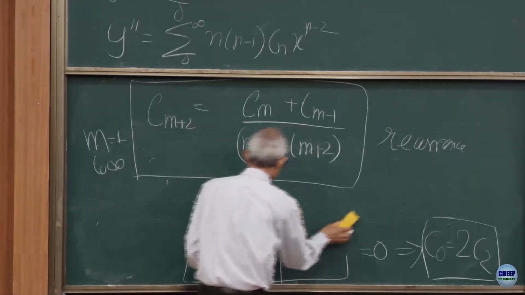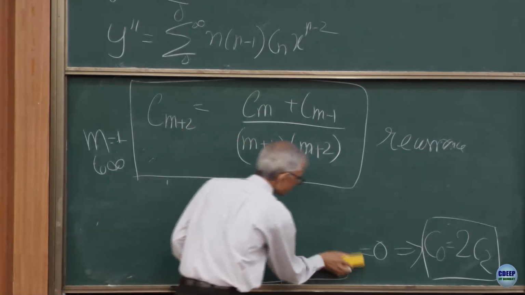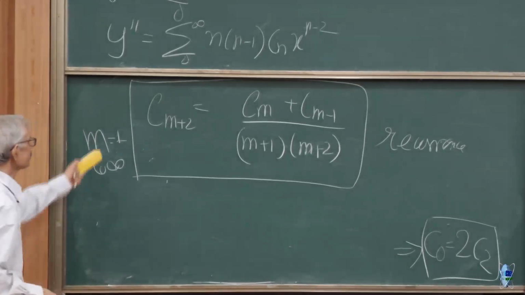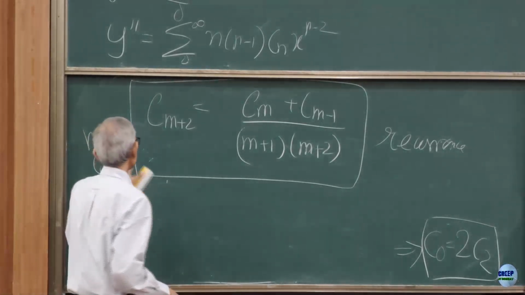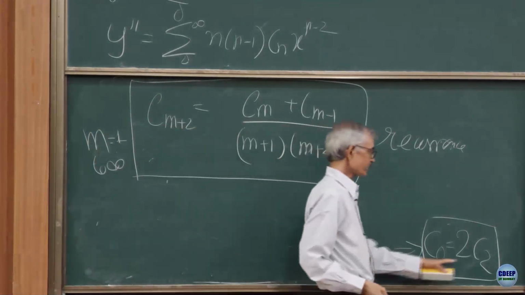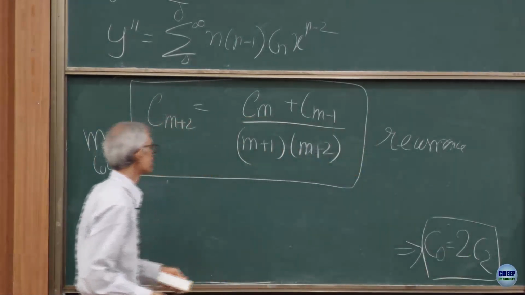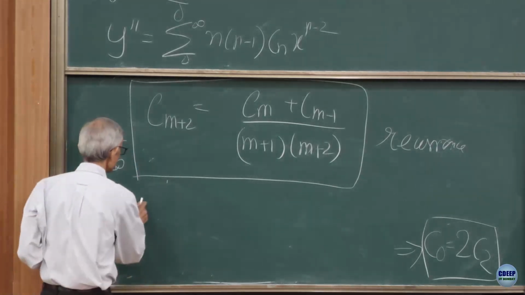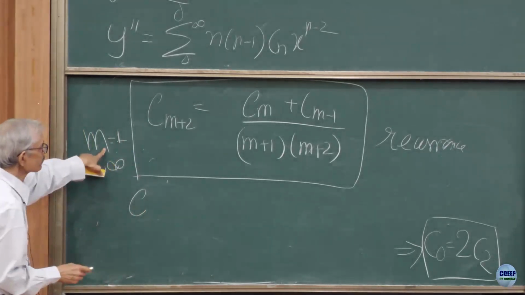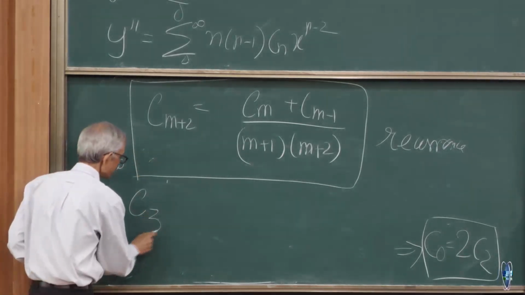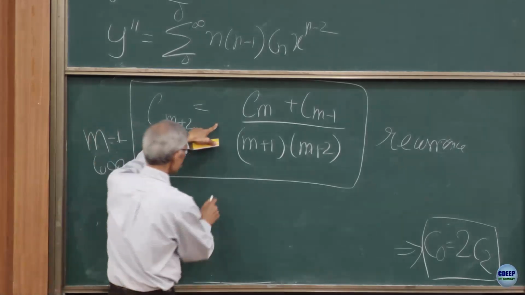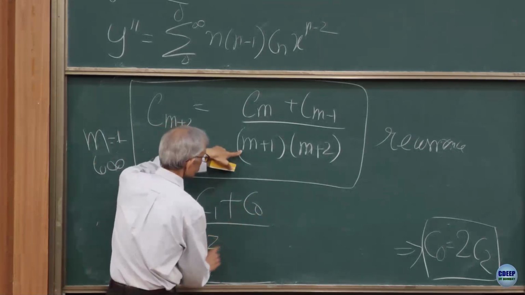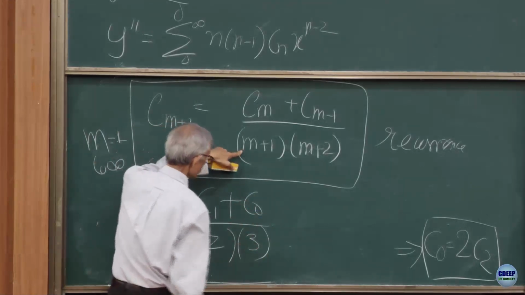Okay. So if now we go ahead and use this relationship, there is a C0, there is a C2, there is no mention about C1, so let us try to see if I can do something with C1. Let us see, suppose I put m equal to 1, I get C3 is equal to C1 plus C0 upon 2 and 3.